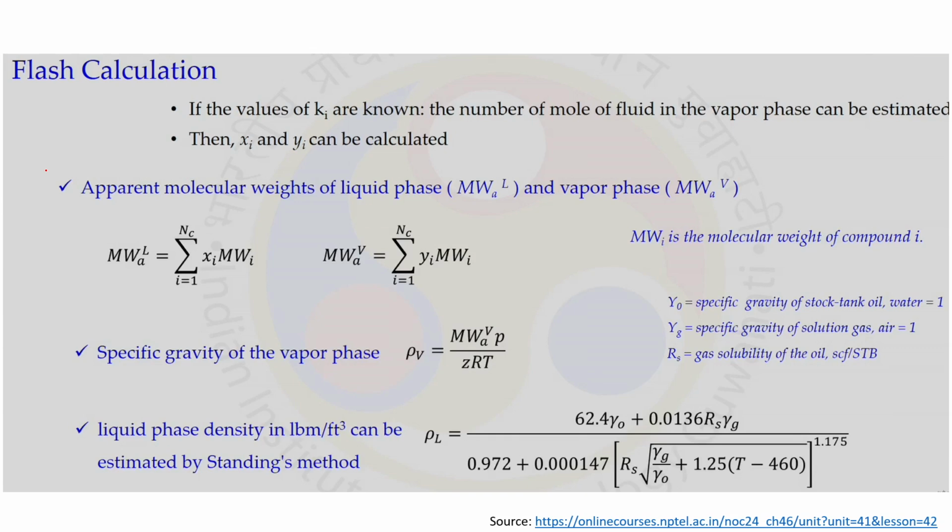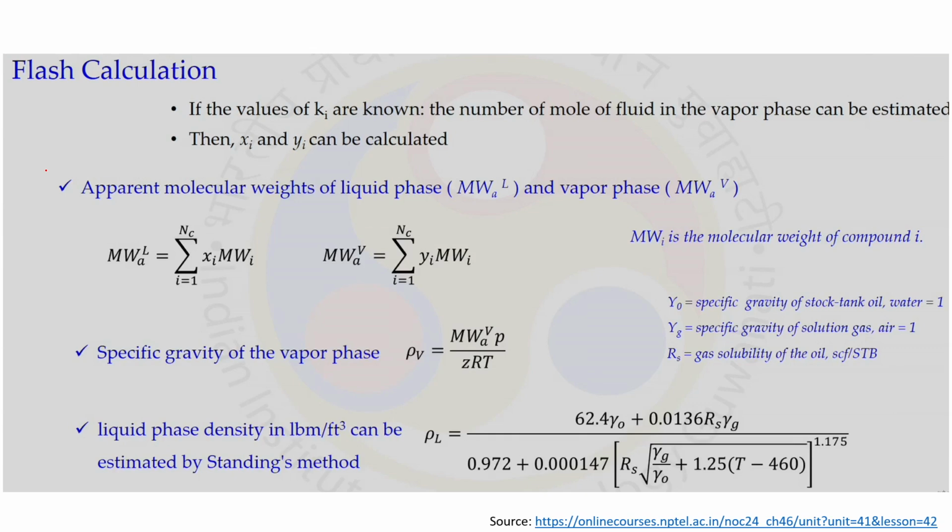Now for the flash calculation, the first thing we have to do is, if the values of Ki are known, then the number of moles of fluid in the vapor phase can be estimated. Then Xi and Yi can be calculated. From that, the apparent molecular weights of the liquid phase and vapor phase can be calculated.